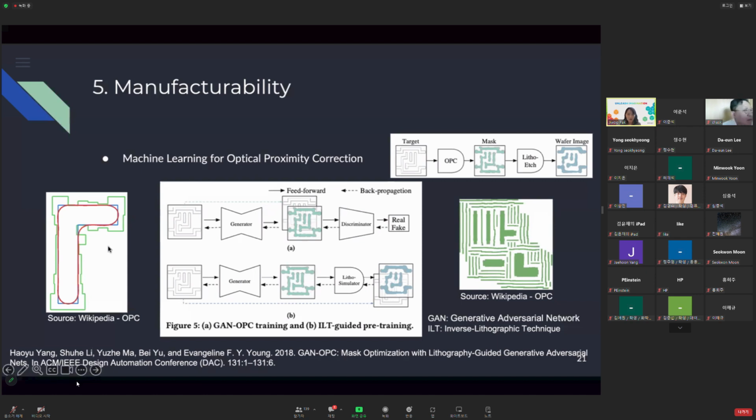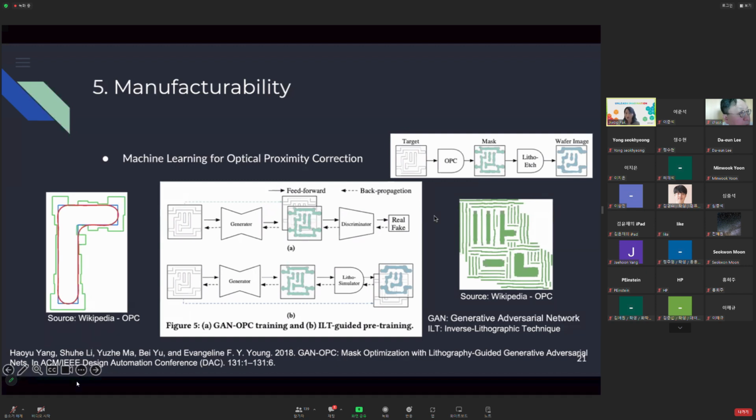So what people are doing is they put an additional shape to adjust this shape. So instead of having the blue shape, if we put this green shape, eventually the actual shape after lithography will be closer to the rectangle. And this one is another example. So that's the area we call optical proximity correction.